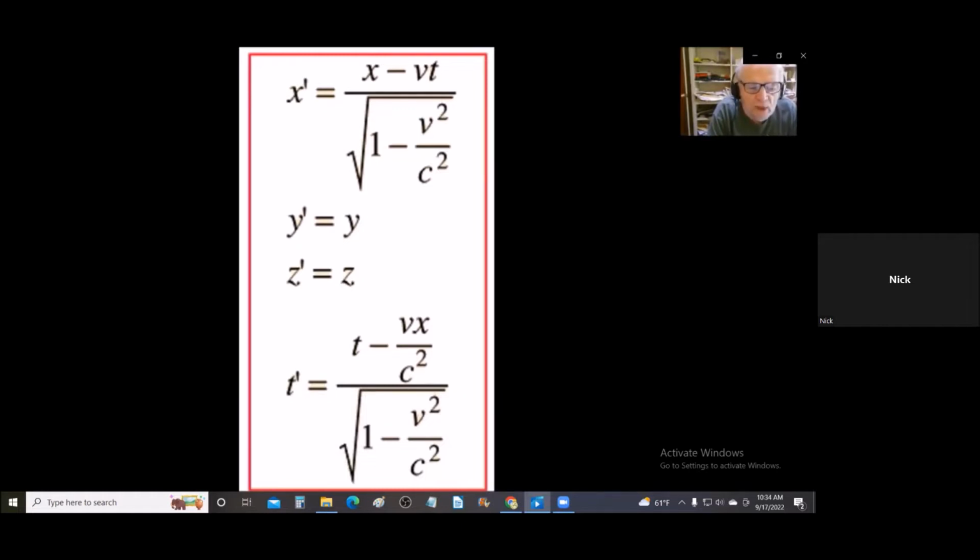Now, the Vx divided by c squared term comes from how you do clock synchronization in the primed frame, in the moving frame.